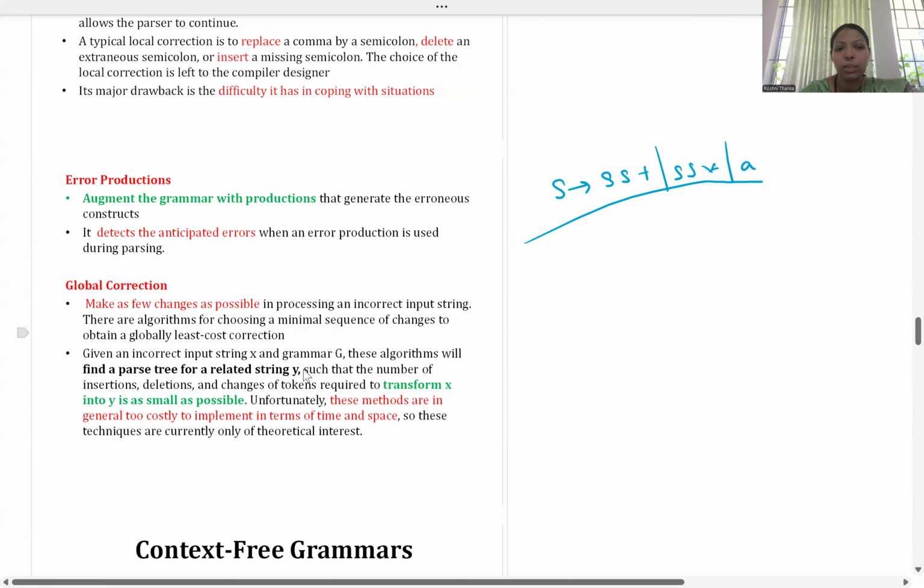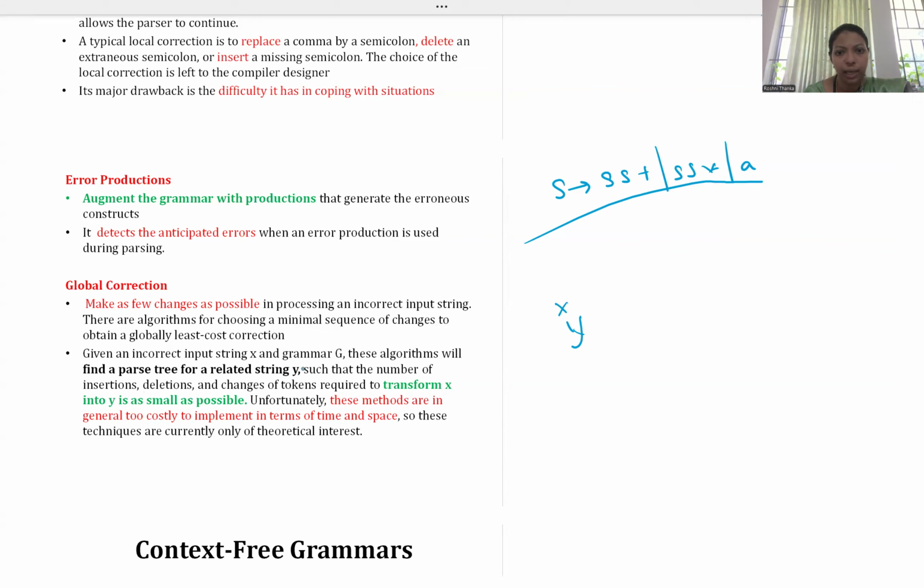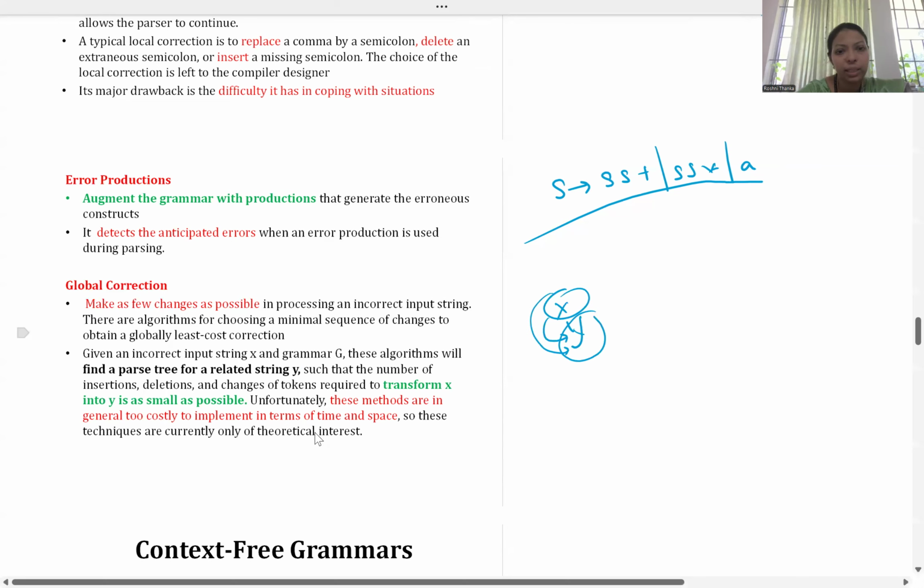It will create another string Y, and then try to transform X into the form of Y. By that, it can solve the error. So equivalent to X, it makes a Y, and then transforms X to Y. This will take much time, and it is also too costly.